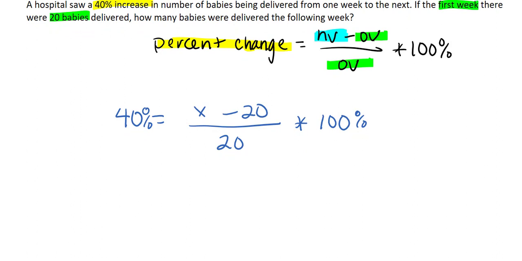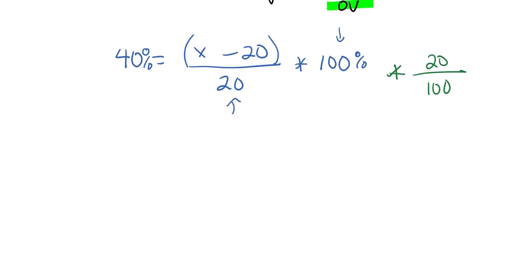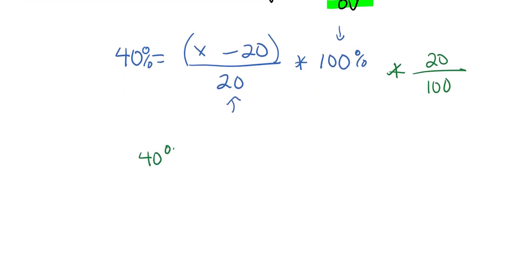Now, if we wanted to go ahead and get rid of this 20 and this 100, so we can start getting this x minus 20 all by itself, we can just go ahead and take the reciprocal of this 100 and then put the 20 on top. So why does that work out? Because we have 40%, just to show this a little bit better.